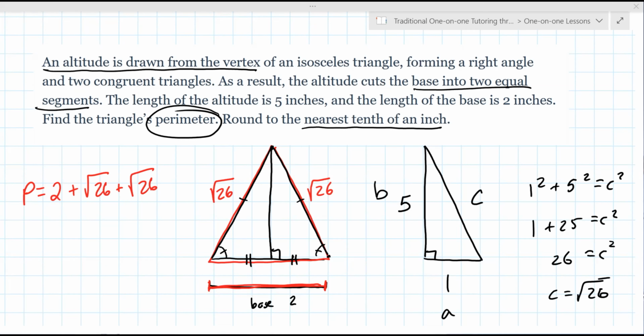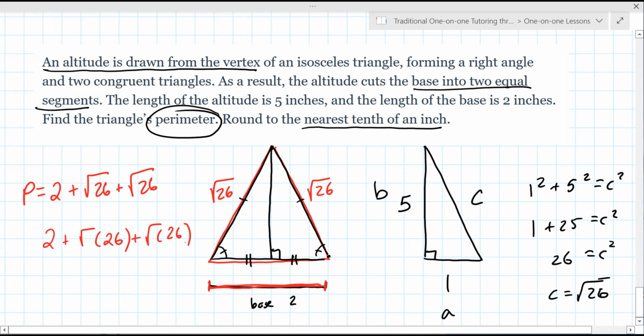Did you close parentheses on your square roots? Yeah, that's what you do. So it's 2 plus, and depending on your calculator, 26 close parentheses plus 26 close parentheses.